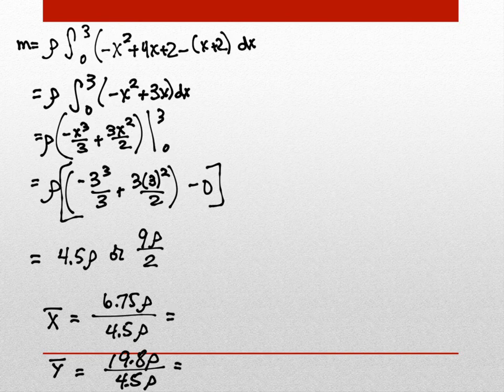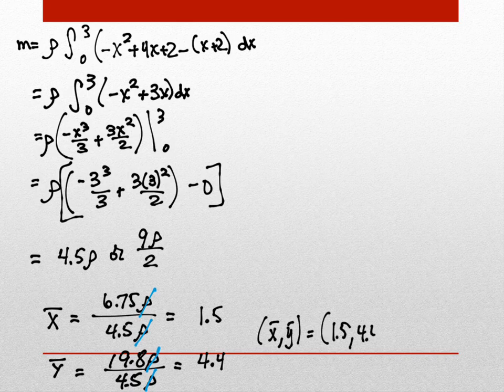And what happens to rho? They cancel. Okay, so it's constant density, but it doesn't matter what the density is. It does not change our center of gravity. So when we divide these, we end up getting that my x bar is actually 1.5, the y bar is actually 4.4. So my x bar, y bar is 1.5 and 4.4.